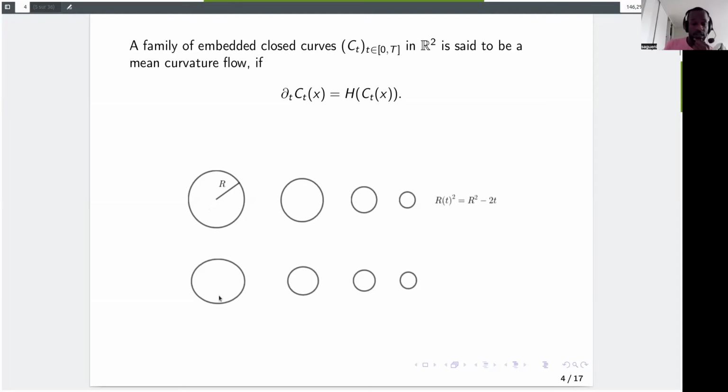Here is another evolution, an evolution of an ellipsoid. It starts like an ellipsoid. It's still like an ellipsoid, but it's looking like a circle with time.